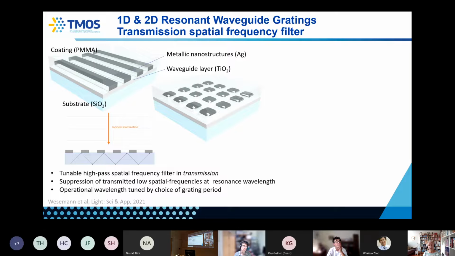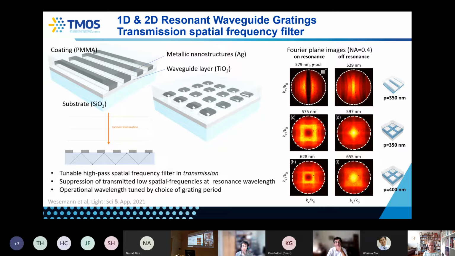Now, they both incorporate waveguiding layers, and the first has a waveguide layer, and on top of that there is either a grating or some sort of metallic patch array. This is what's called a resonant waveguide grating, and it is a system that is highly sensitive to angle of incidence.